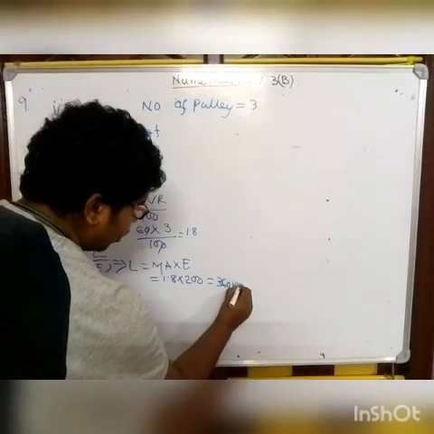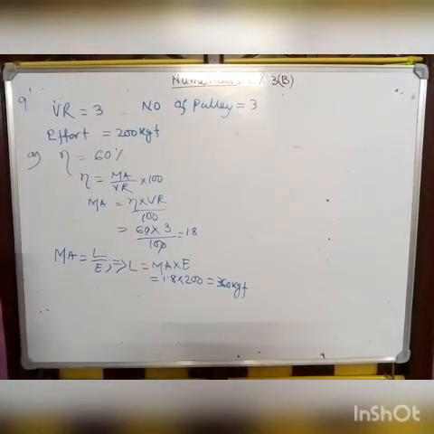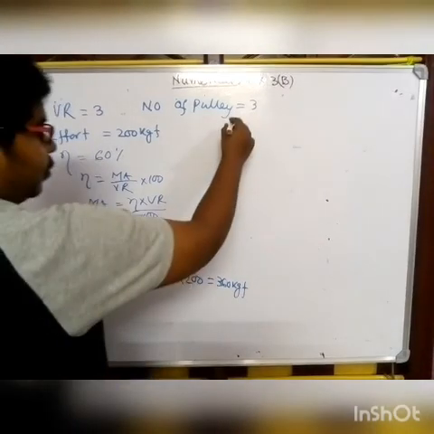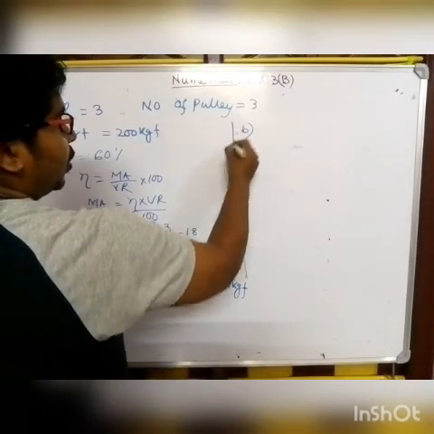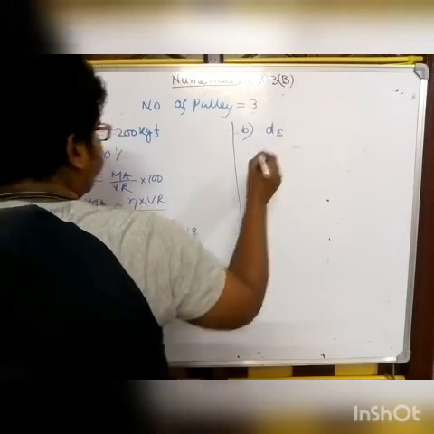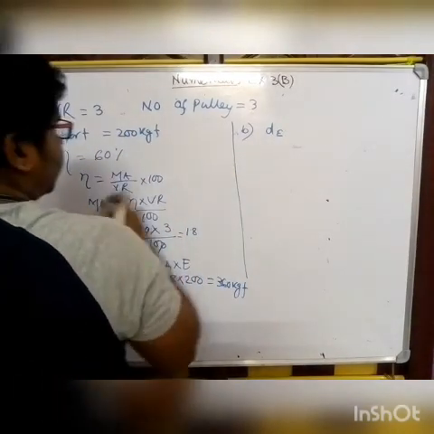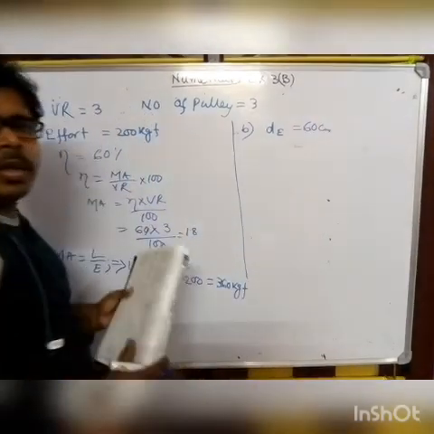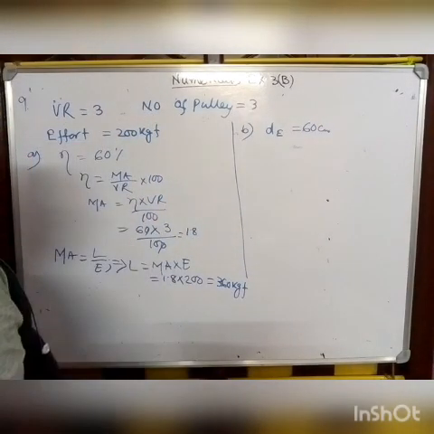Okay, now question number B: if the effort end moves a distance of 60 centimeter, what distance does the load move? Again, the previous thing. It is told the effort end moves by 60 centimeter. So displacement due to effort is 60 centimeter.